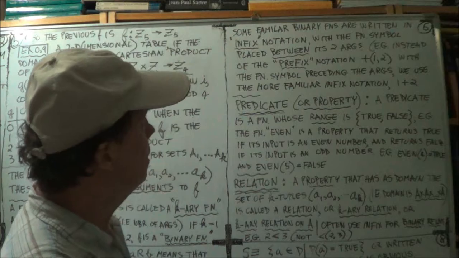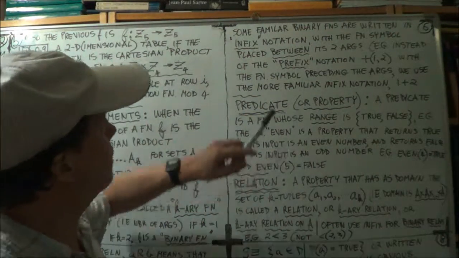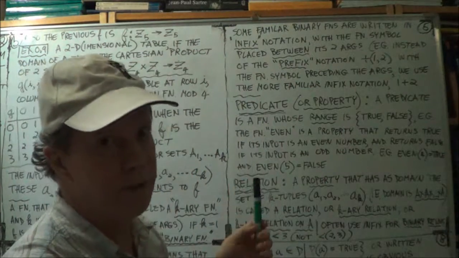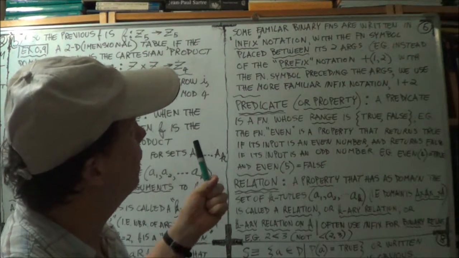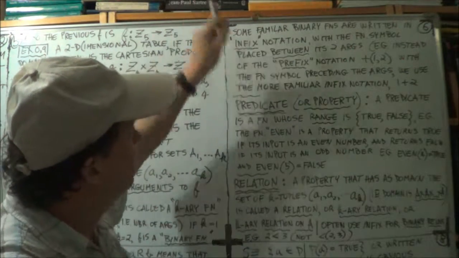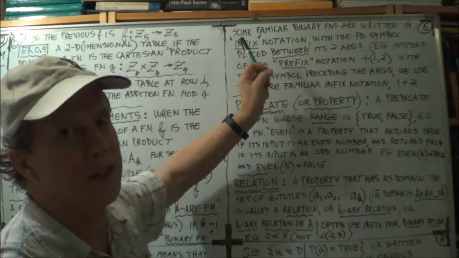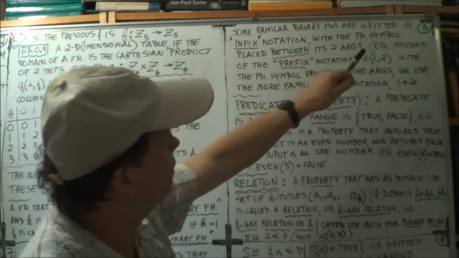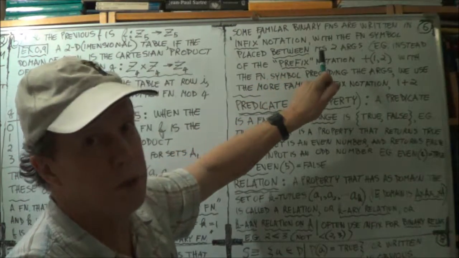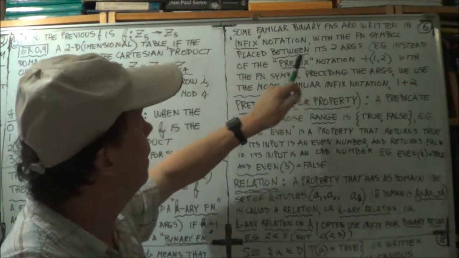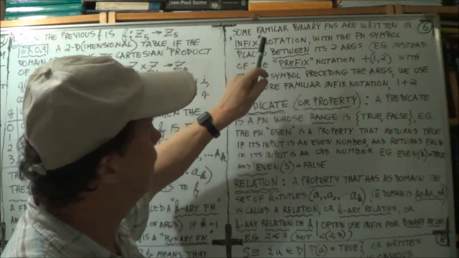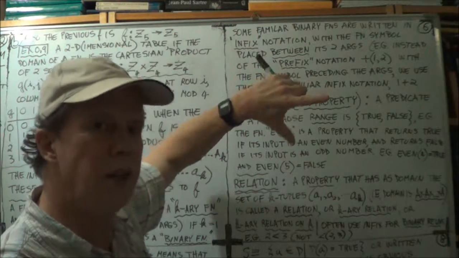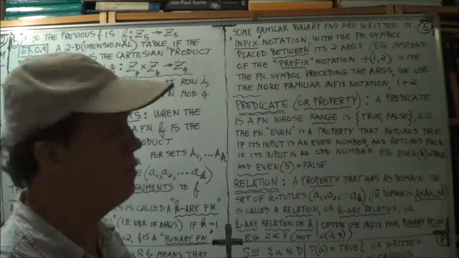Now some more definitions: the concept of infix and prefix in the context of binary functions. What does infix mean? It's a notation, a way of writing something. In the infix notation, for a binary function with two arguments, two inputs, the function symbol, your f, gets written in the middle between the two input values.